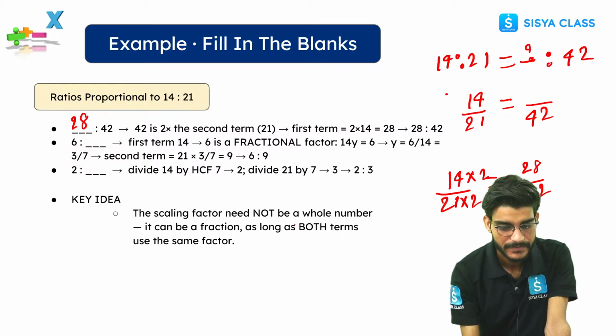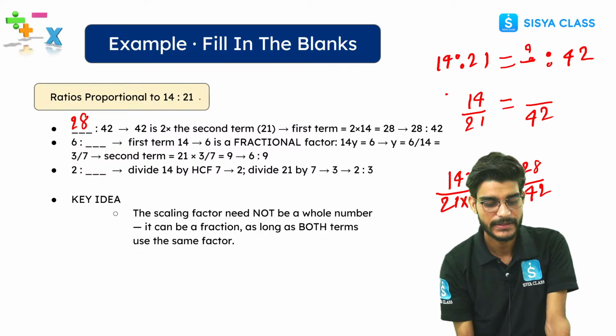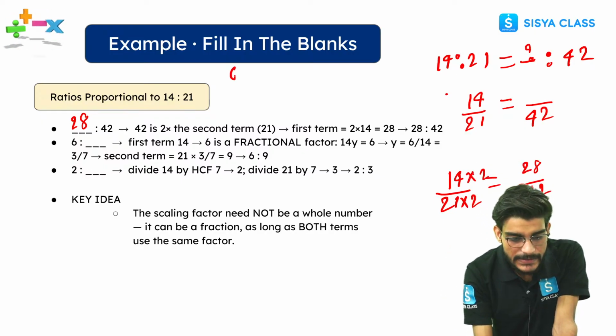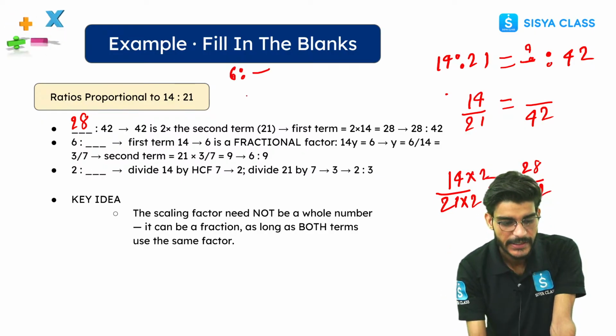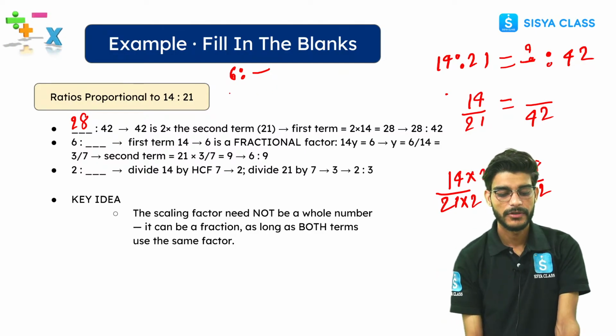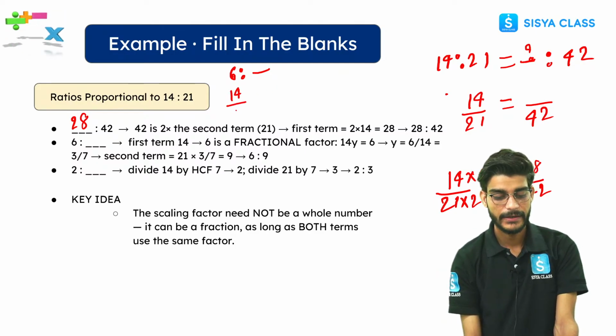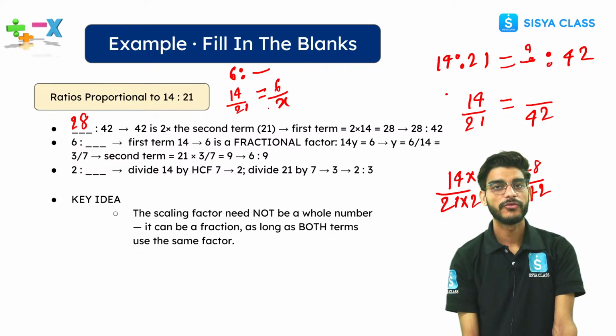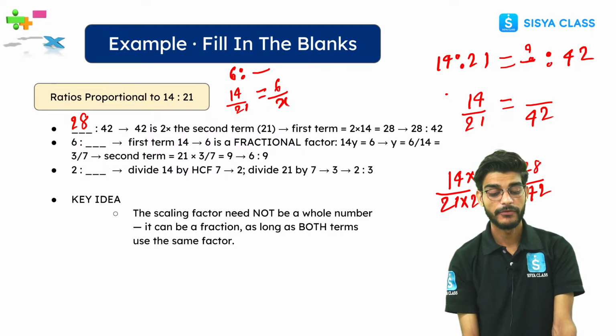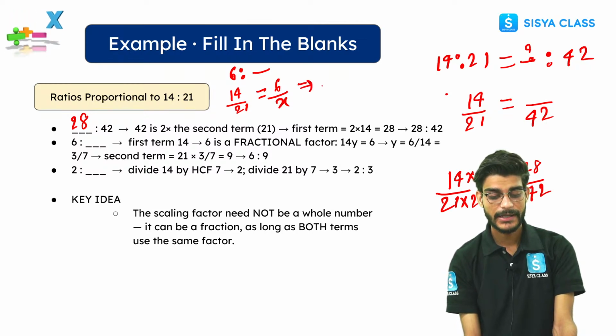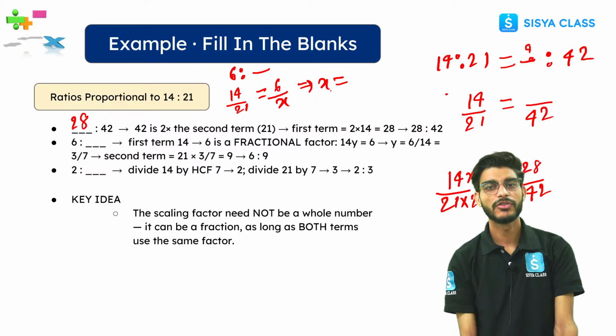Second is 6 ratio dash. So 14 upon 21, do the same thing. 14 upon 21 equals 6 upon x. Here you have to find x, right? How will you find the value of x? All of you know cross multiplication.